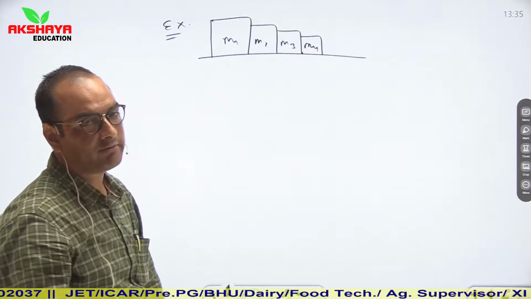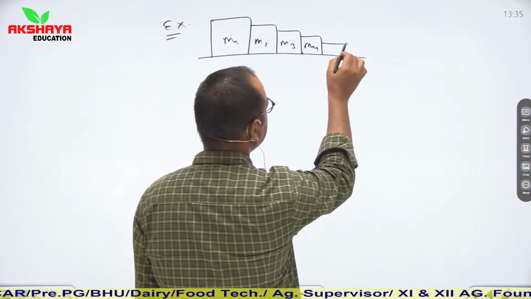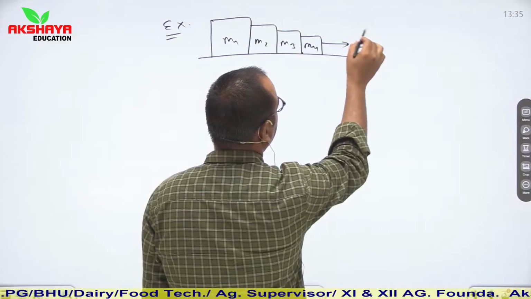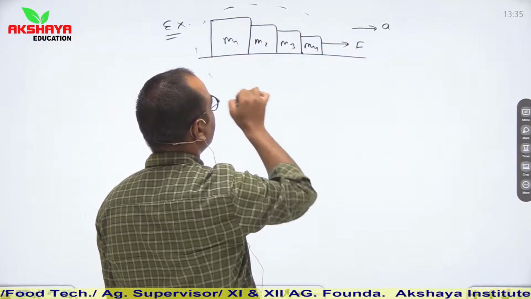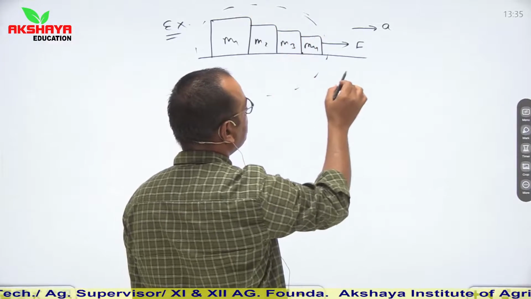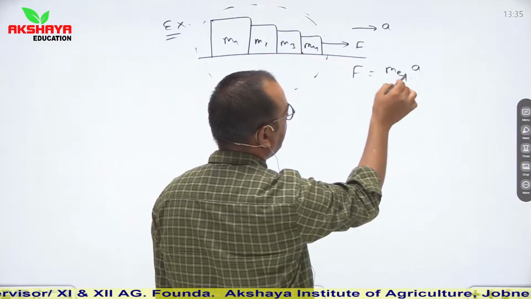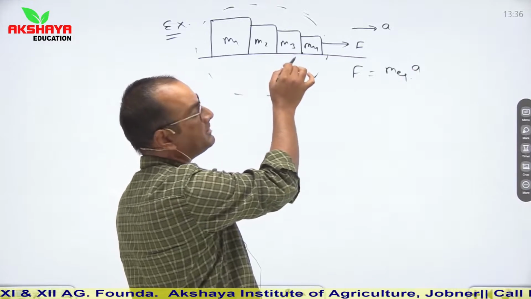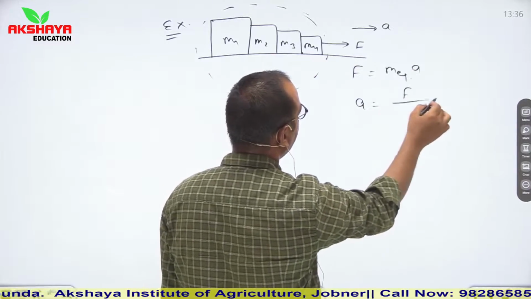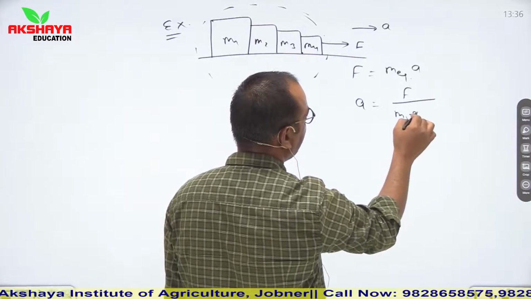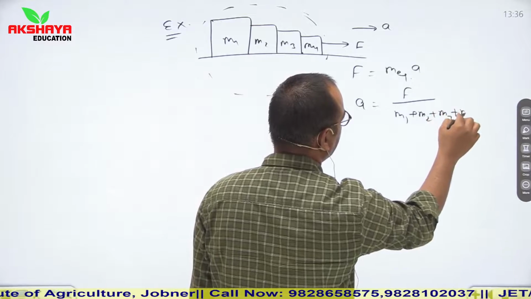These four objects of different masses are attached to each other, and if net force is applied here F and net acceleration is A, then in this whole system F is equal to M equivalent into A, and M equivalent is M1 plus M2 plus M3 plus M4. So A is equal to F upon M equivalent, means M1 plus M2 plus M3 plus M4.